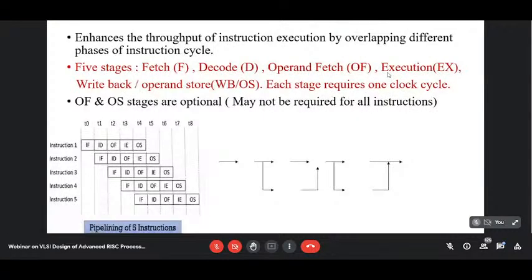We have already discussed that for each instruction execution, there are 5 stages: fetch, decode, operand fetch, execution, and write back. All of them work independently, so there are different hardware units. Fetch is one unit, decode is another unit, operand fetch is another unit.